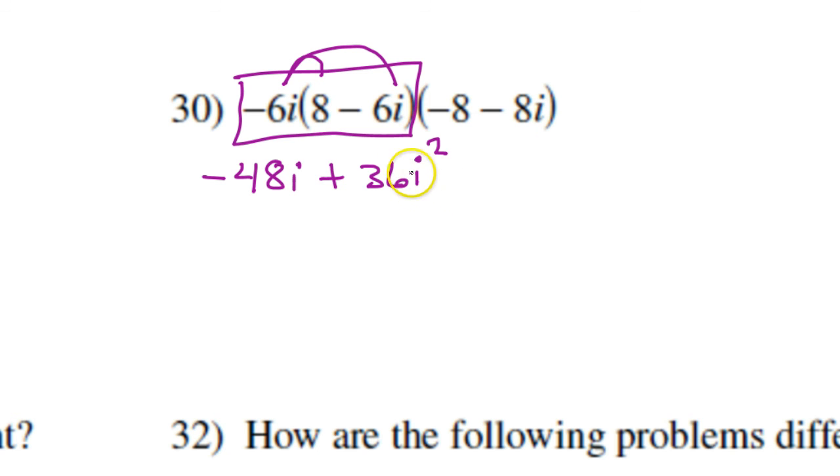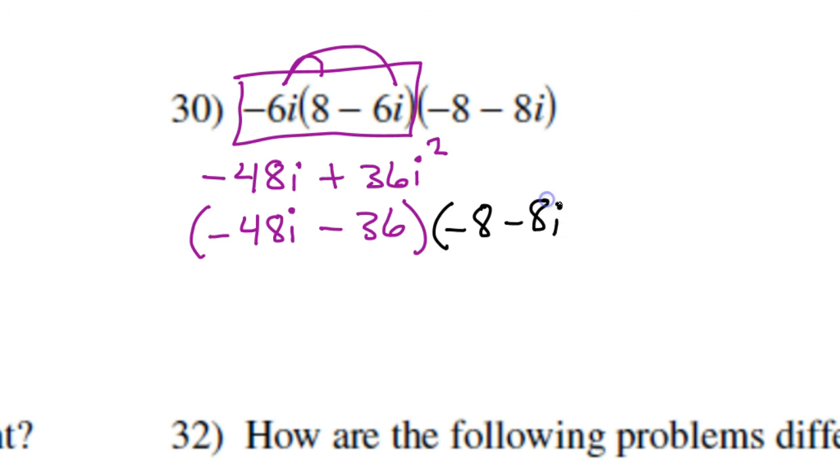Now of course i squared is negative 1, so that's going to change this to a negative 36 with no i's. And I'll bring down my negative 48i. So that's what I get from distributing. So now I'm going to take that and I'm just going to bring down the rest of it, the negative 8 minus 8i. Now I need to double distribute again.